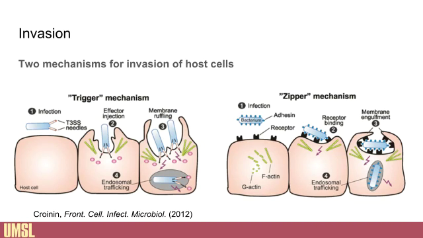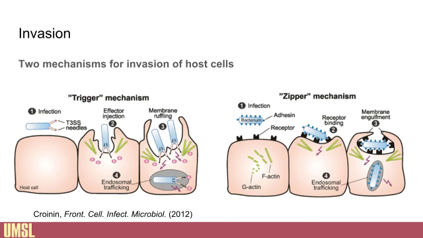But for Listeria, one of the important things it binds to is E-cadherin. Essentially it is interacting with host receptors that are normally responsible for saying, hey, I'm touching another host cell, and I need to form cell-cell junctions.